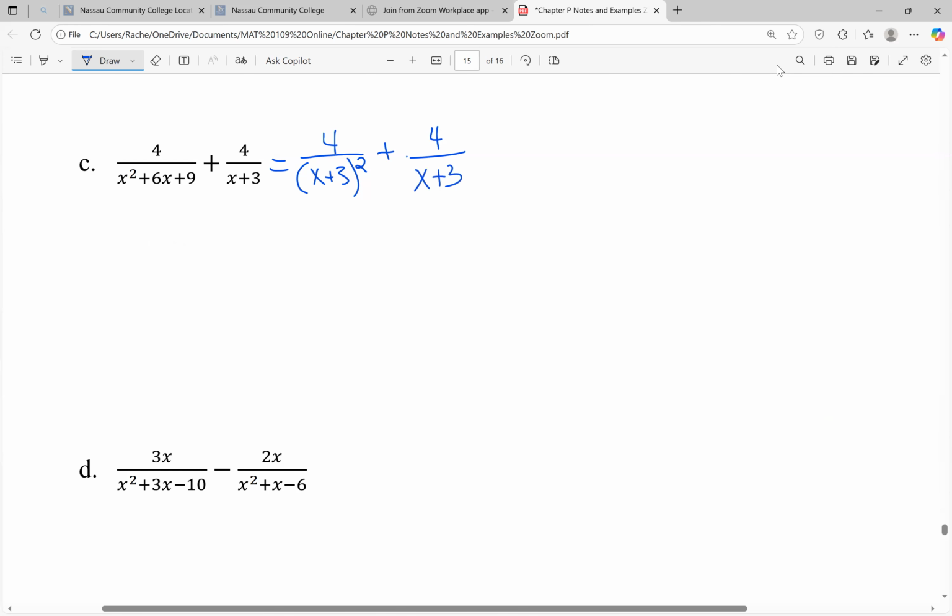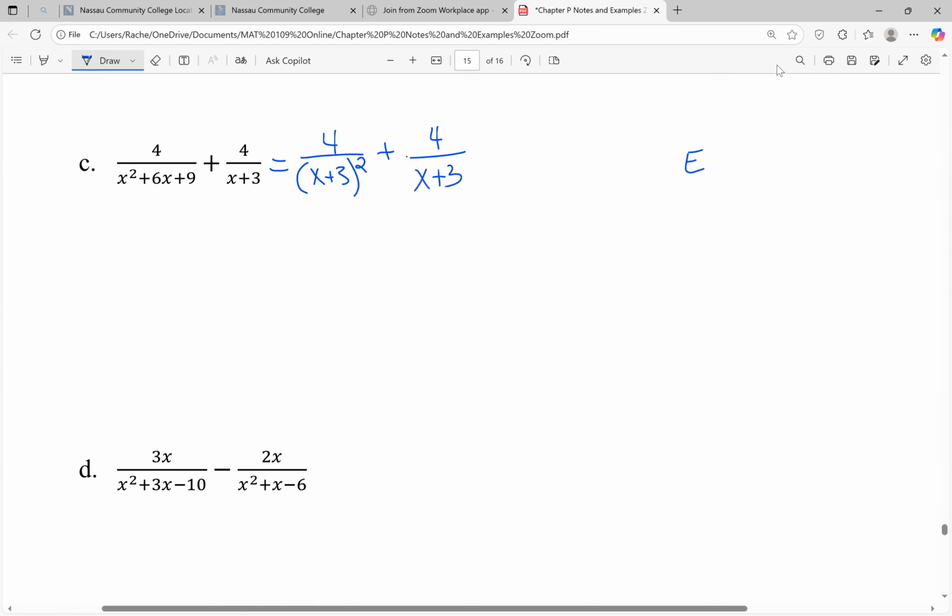So let's think about the least common denominator. My denominator on the left is x plus 3 squared, and my denominator on the right is x plus 3. So the least common denominator is going to be the larger one, the x plus 3 squared. So think about it like this.